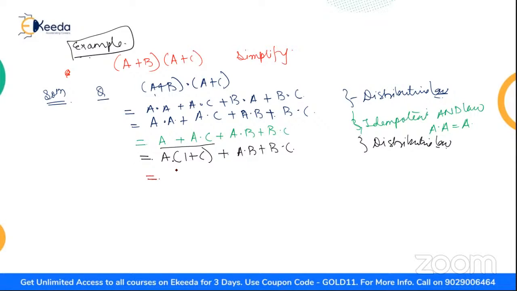That is equal to, 1 plus C is again high because C is greater than 0. Any positive signal, 1 plus greater than 0 means high. 1 plus high is high, that is 1. So A dot 1, plus the same A dot B plus B dot C. This is the identity OR law, that is 1 plus C equal to 1.